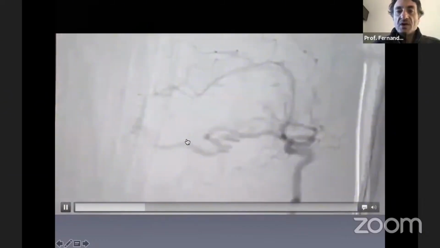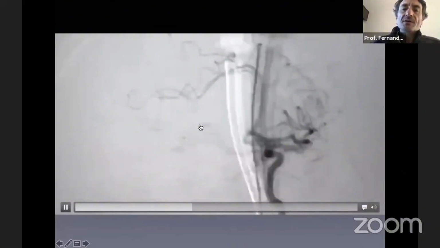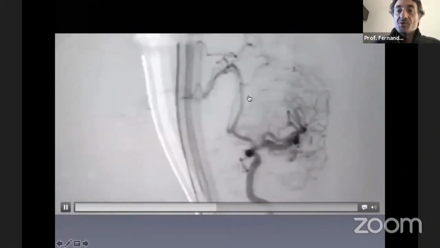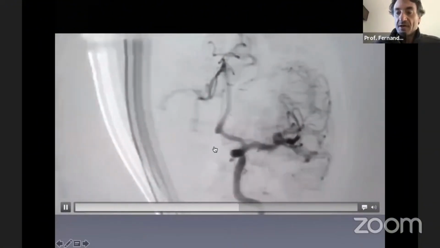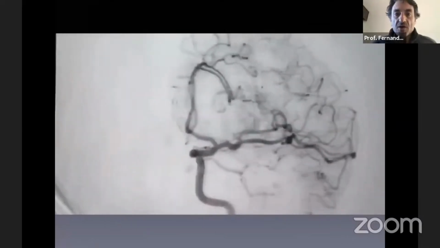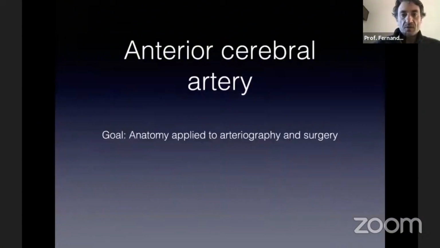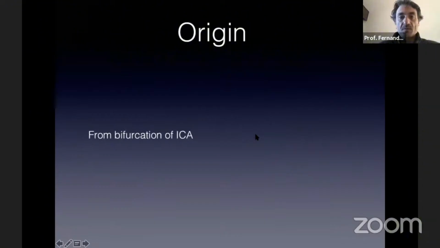We can see it in different ways: the surgical anatomy, the arteriography, and the cadaveric anatomy. So my goal is to give young neurosurgeons and residents some practical tricks applied to arteriography and surgery.